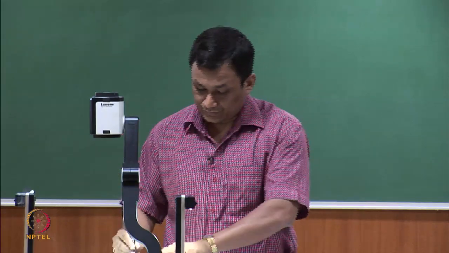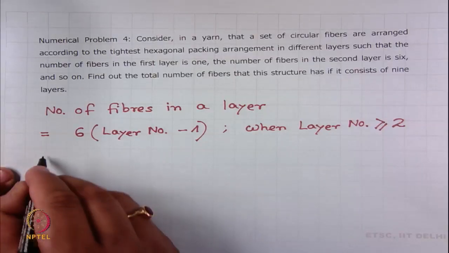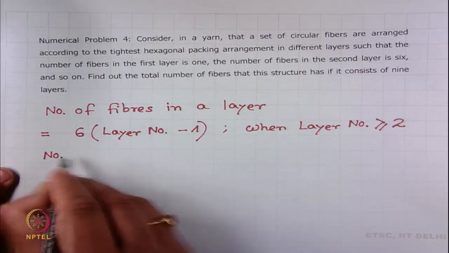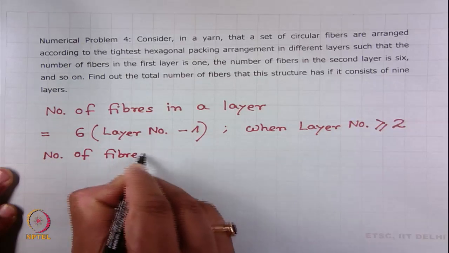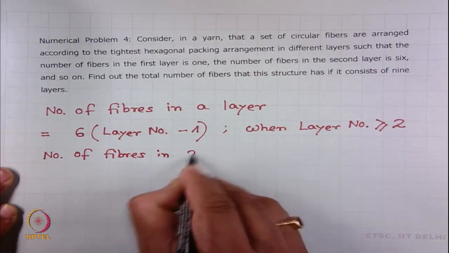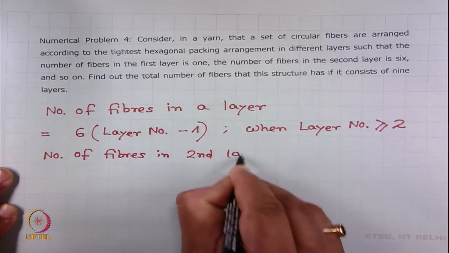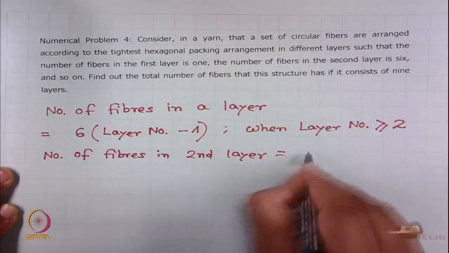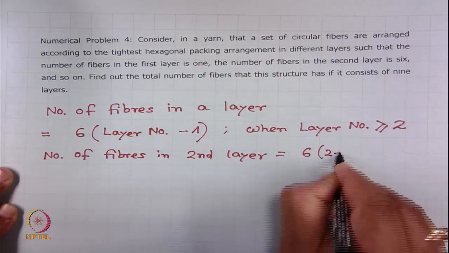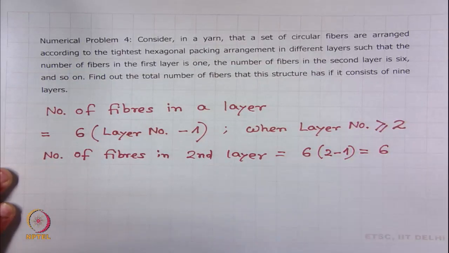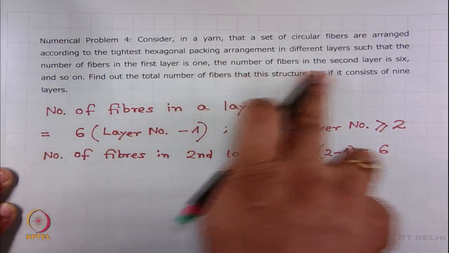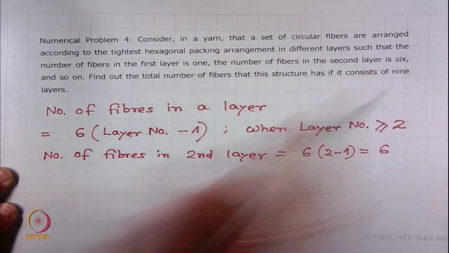Now, number of fibers in second layer is equal to 6 into 2 minus 1, that is equal to 6. Already given number of fibers in the second layer is 6.